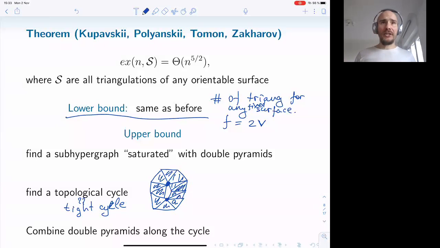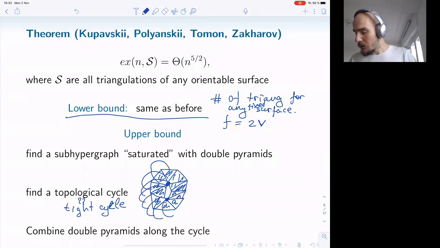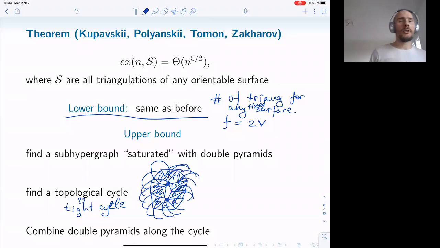So we find such a cycle, and then somehow we glue double pyramids along this cycle. So you should imagine that around this we start gluing these double pyramids so that it becomes a torus.